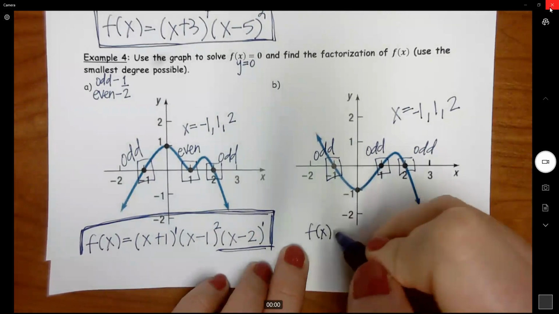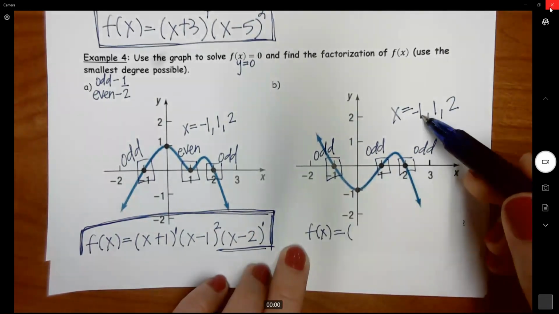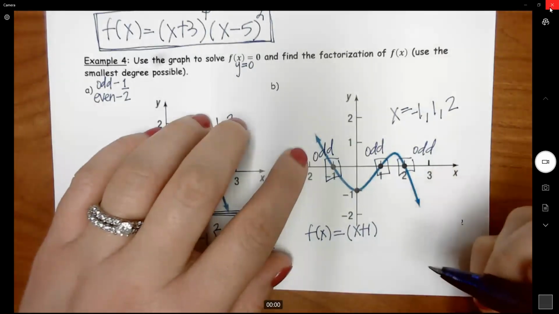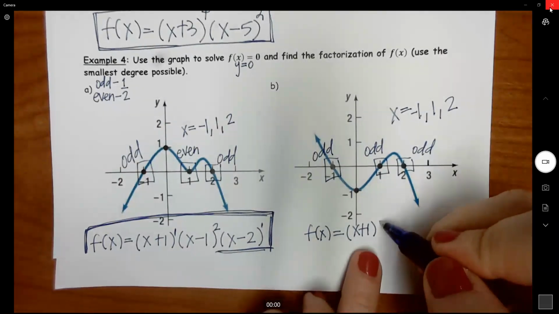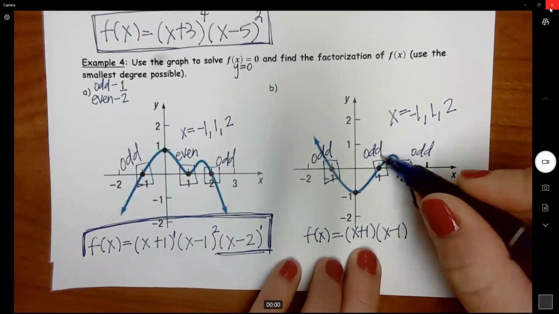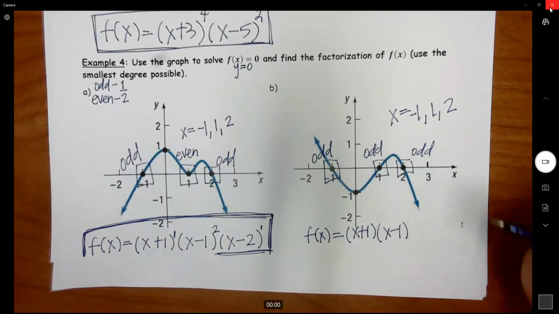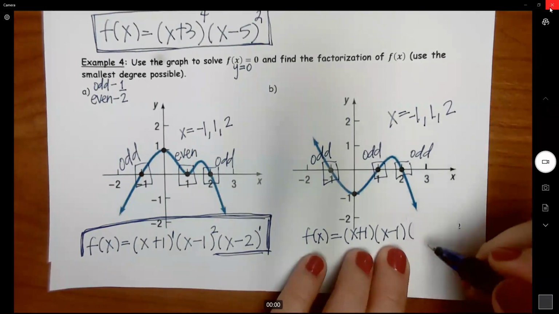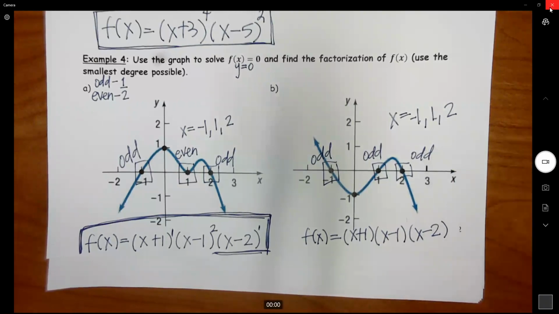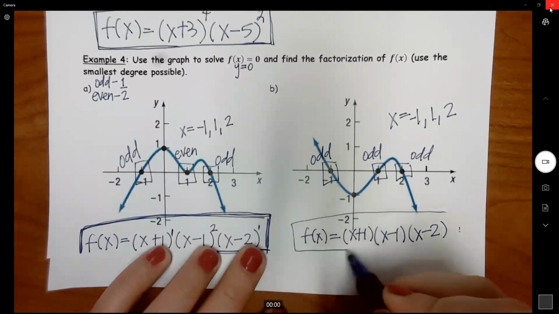So our answers are almost the same. You've got x plus 1 here. Because it's odd, it's to the first, and I'm not going to write it this time. For this one, you've got x minus 1. Again, it's odd, so it's to the first, but I'm not going to put that. And then for 2, you've got x minus 2, and it's odd, so that's to the first, but I'm going to leave it just like that.